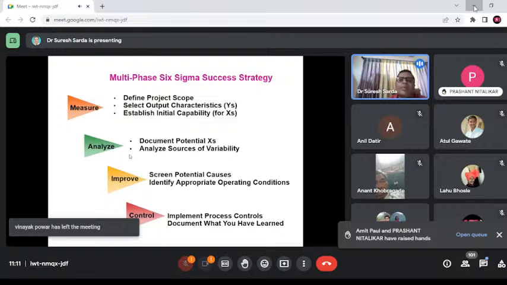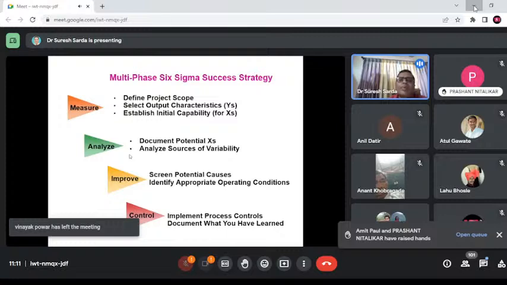So that is define the project; then measure the parameters. Again, there are a number of parameters, as I have told in Pareto law. There are hundreds of parameters, but only 20% of causes are responsible for 80% of variation. That Pareto law is a very beautiful law, and it is successfully applied at any stage of life.